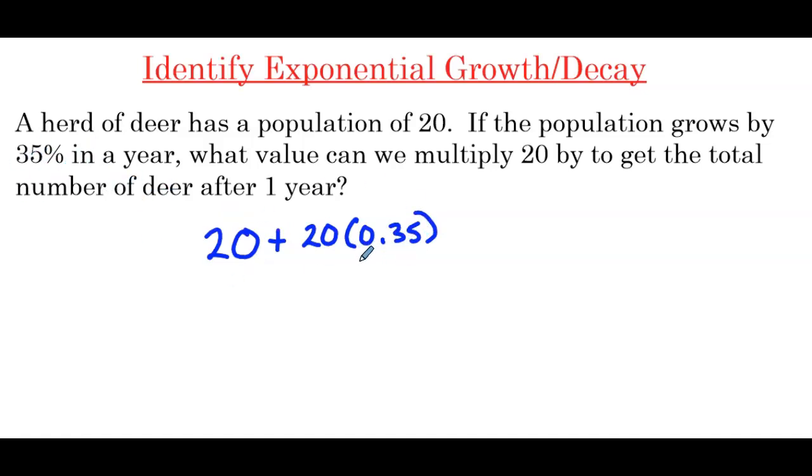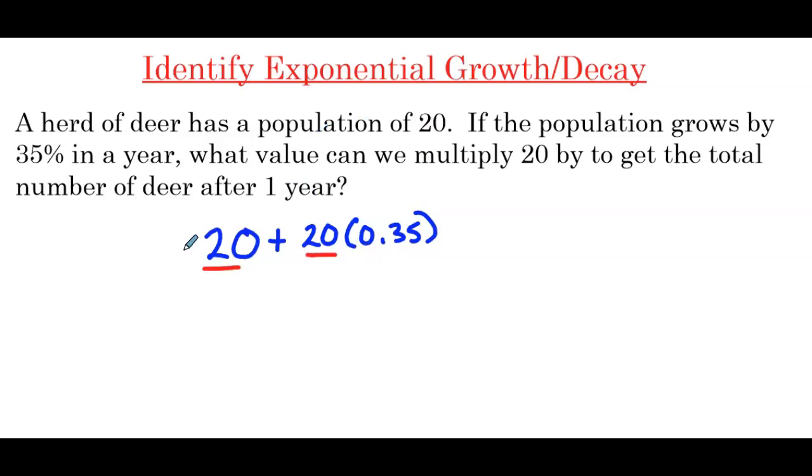Now we can evaluate this and get our answer, but the question said what value can we multiply 20 by? Well, this isn't 20 times a single value. This is 20 plus 20 times 0.35. But if we notice, both terms have 20 in them.